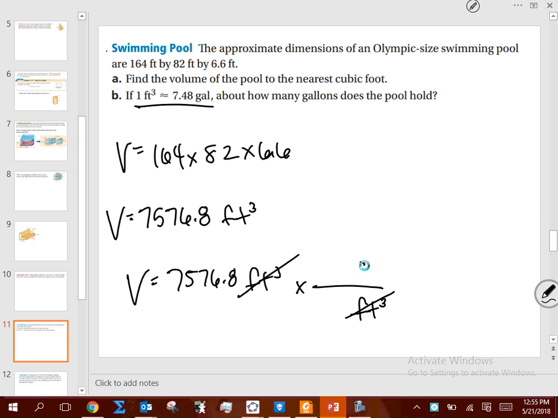And now there's a direct link between gallons and cubic feet, right? So what number needs to go here? 7.48, right? Multiply that out.